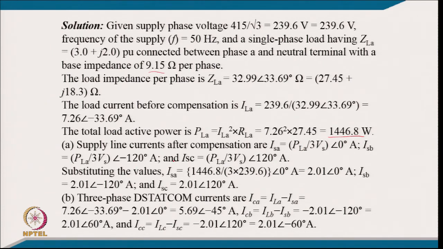So, it comes typically similarly for all 3, and putting the value, we get 2.01 ampere, similarly for all 3 except the angle 0 degree, minus 120 and plus 120, and the 3 phase DSTATCOM current we can find out as load current minus the supply current, and keeping the value it comes 5.69 at the angle of 45 degree ampere. Similarly, for CB, keeping the value, it comes typically in the order of 2.01, and CC also comes to 2.01 at the angle of minus 60 degree.